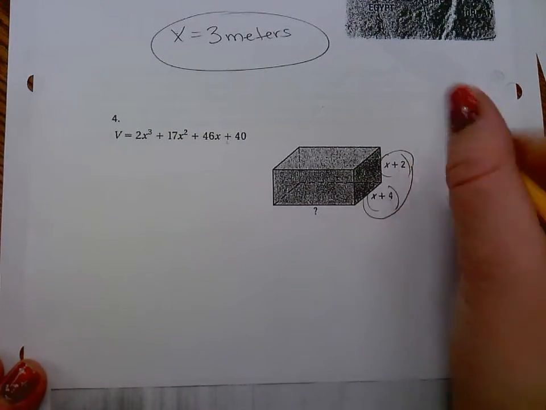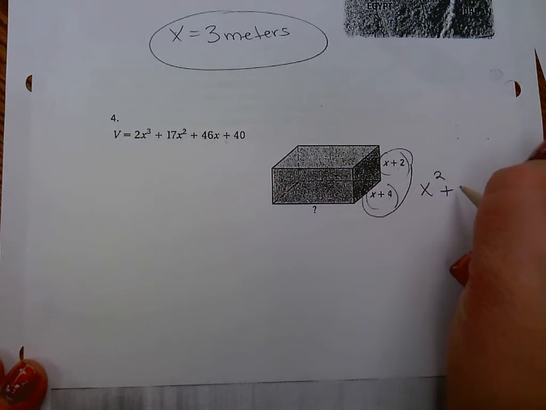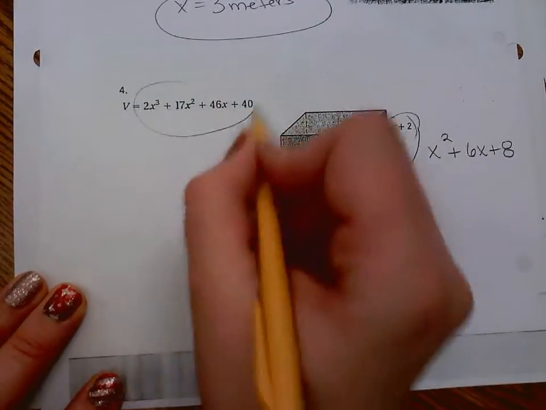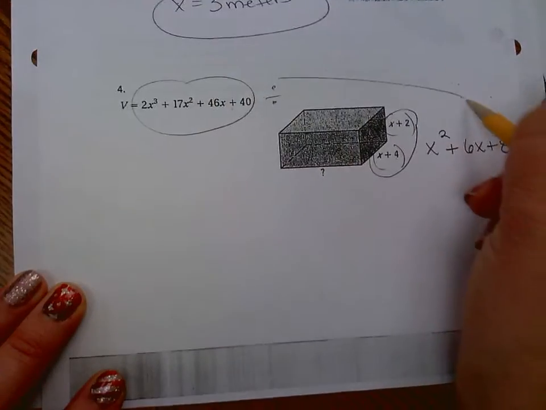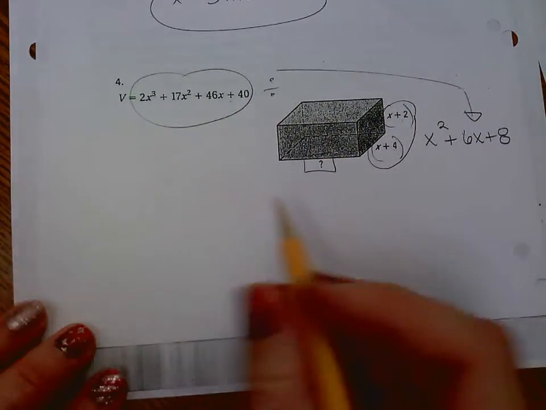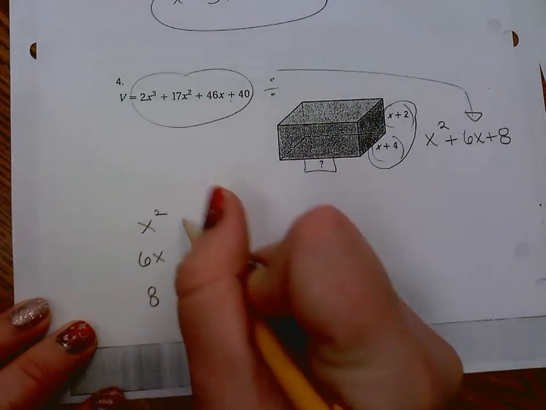x plus 2 times x plus 4. x squared plus 2x and 4x, 6x plus 8. So I'm actually taking this function and dividing by that function, and whatever I have left is going to be my length. x squared plus 6x plus 8.